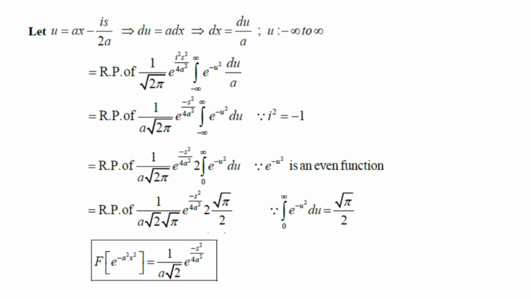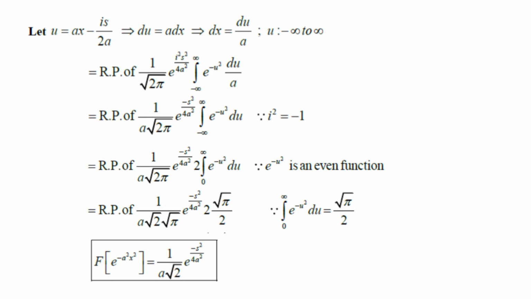Substitute the values: the real part of 1 by root 2 pi into e power i square s square by 4a square, into the integral from minus to plus infinity of e power minus u square du by a. I square value is minus 1, so e power minus s square by 4a square.